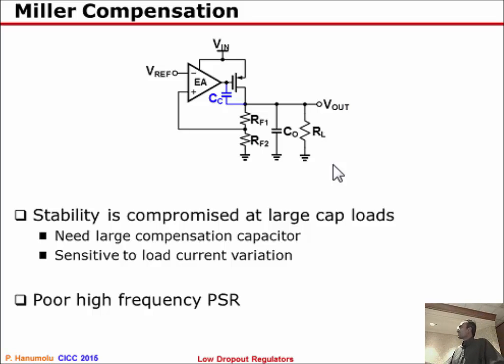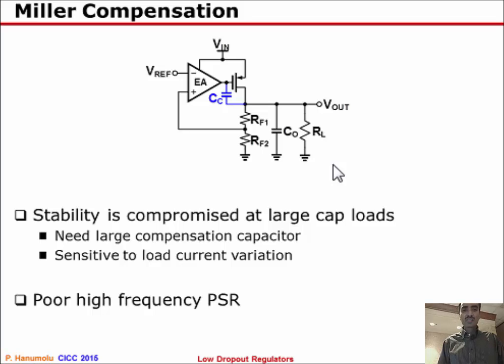That's number one. Number two is that at high frequencies, this capacitor is going to short the current source here. As a result, this will become a low impedance path from VDD to ground, and all of the noise at the input will appear at the output. Or in other words, the high frequency PSR is poor for a Miller compensated LDO.